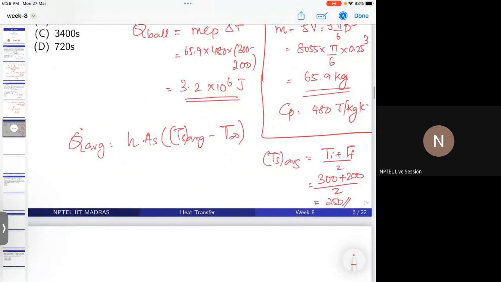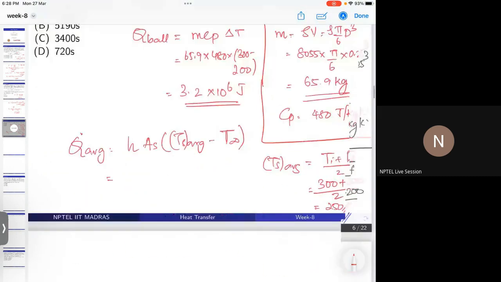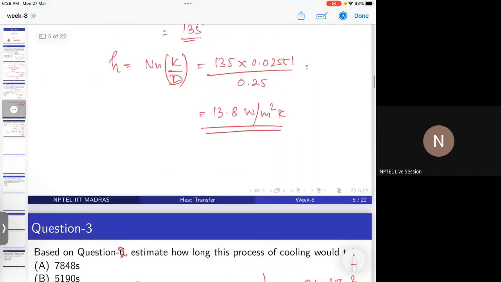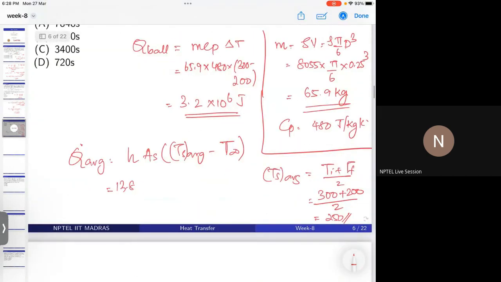So what is h? Can you please estimate h? Sorry, h we found is 13.8. What is the surface area? 4 pi r square, it's a sphere.